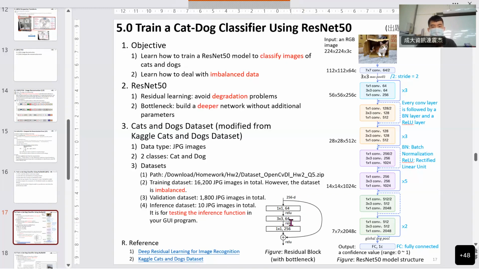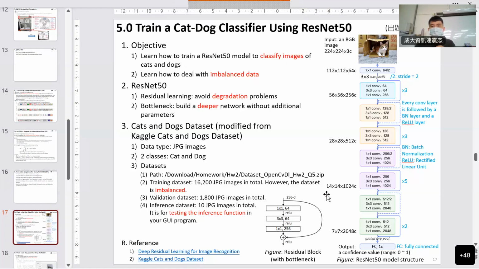Then we use another 1x1 convolutional layer to enlarge the channel size back to 256. This is called the bottleneck, and it helps us reduce the number of parameters. So this is the basics of ResNet 50.